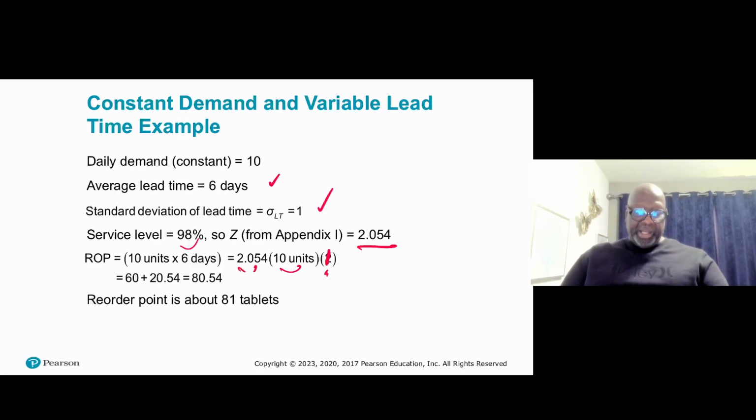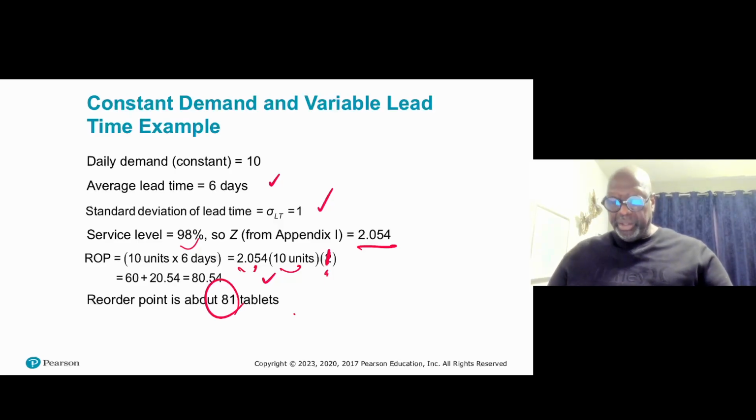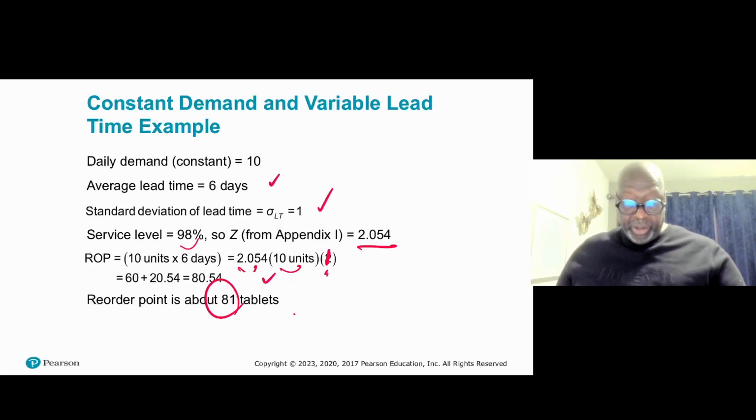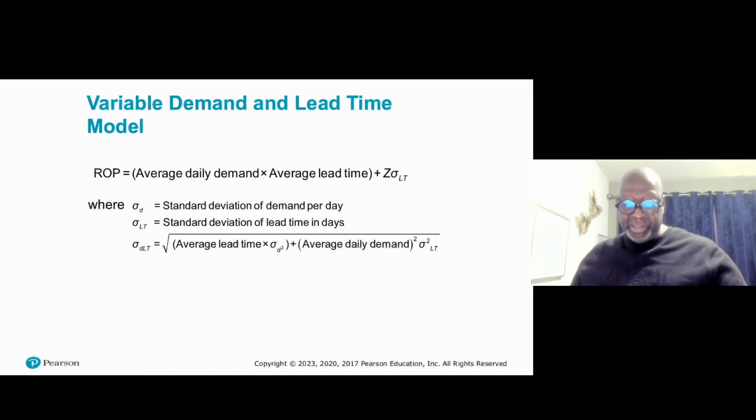In which case you get a reorder point of 80.54. So approximately 81 tablets is what we're going to keep in inventory while we're placing the order, which means our safety stock is approximately 20.54. Our reorder point is 81 tablets.